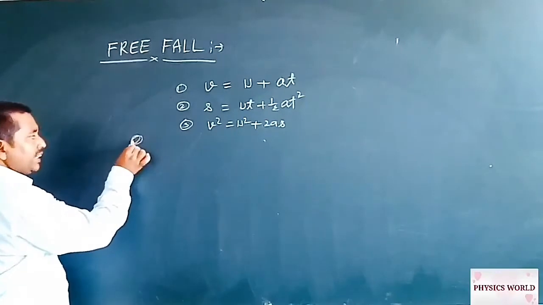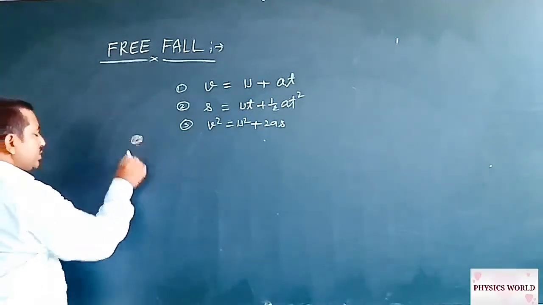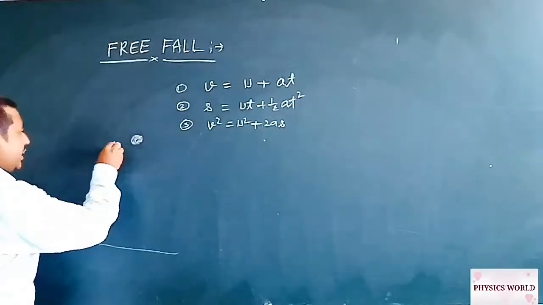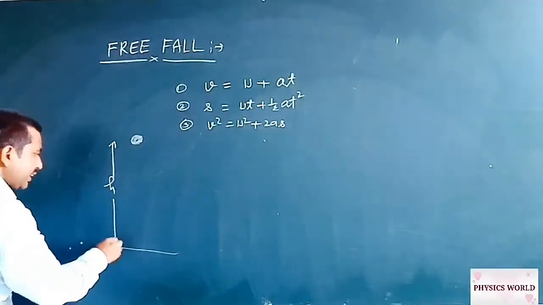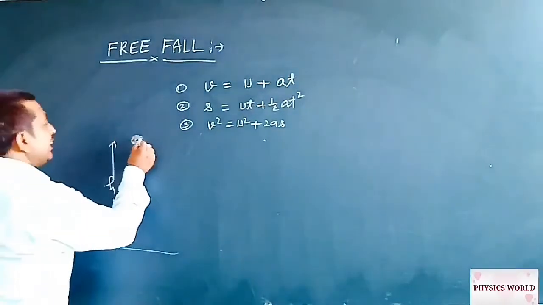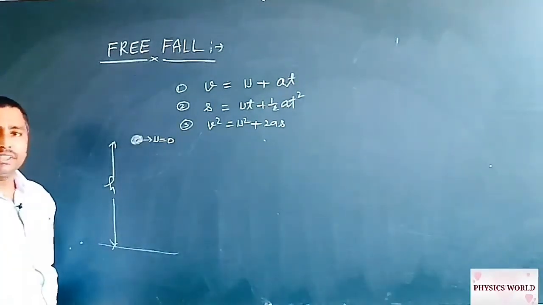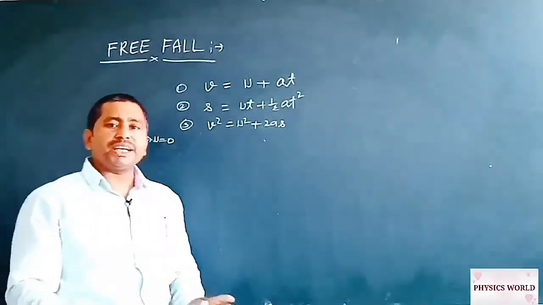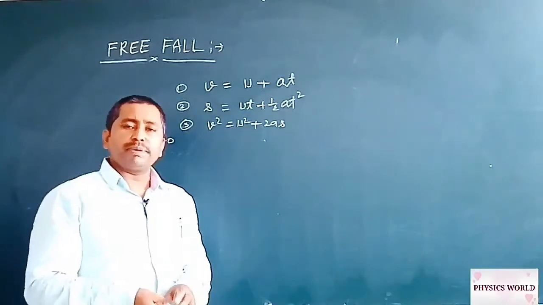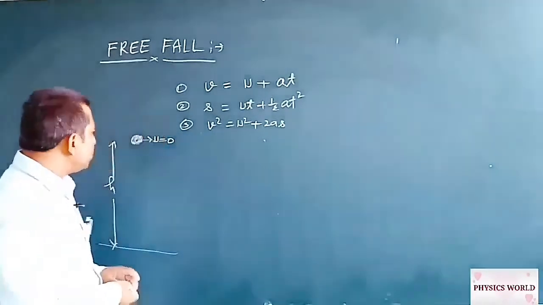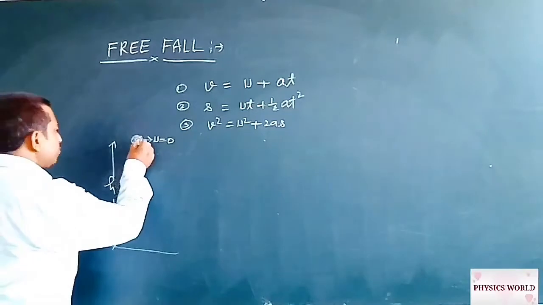For this, suppose that this is a point from where an object freely falls, and the height from where the object falls is capital H, and the initial speed at the maximum height is 0, by which the object is released freely from this point.